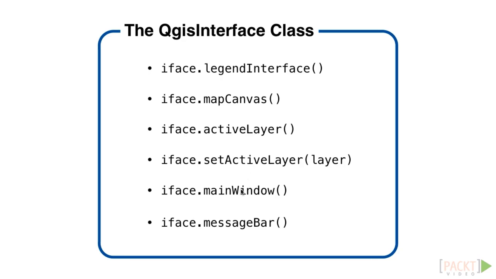If we want, we can get a reference to the application's main window. This can be useful if you want to create additional Qt windows or dialogues which use the main window as their parent. And finally, we can get access to the QGIS message bar by calling iface.messageBar. This lets you display messages directly within the QGIS main window.